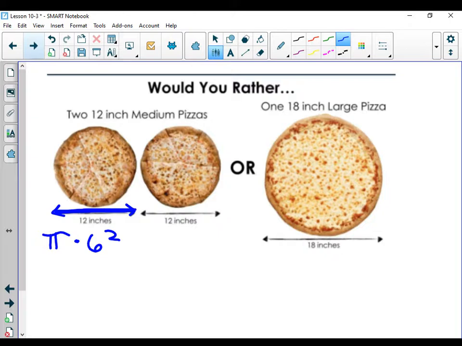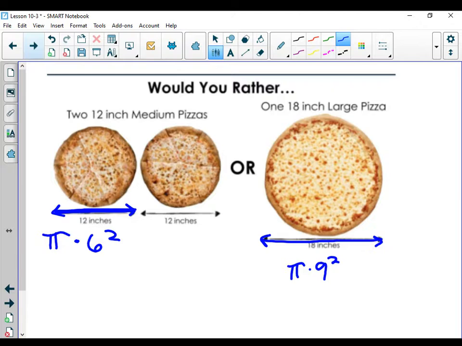For the large, it says 18 inches. Should I use 18? No. Use 9. After you set it up, then you grab your calculator.